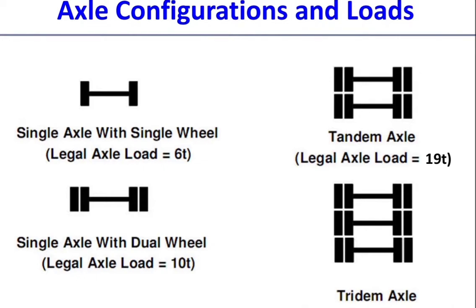Especially as the load is carried on the rear side, the front will be the engine and on the rear side passengers or goods will be carried, so that has a higher load. So rear axles will have these dual wheel assemblies.